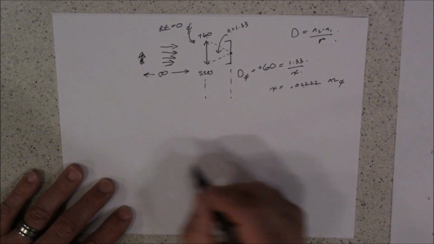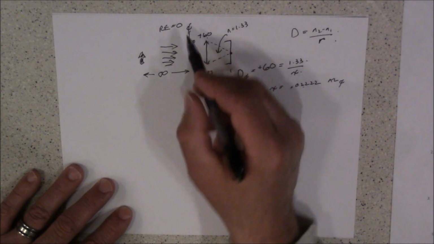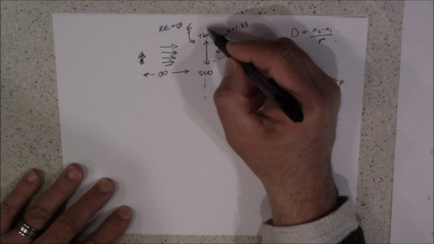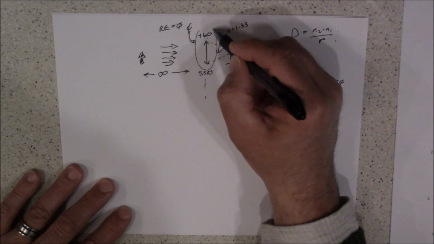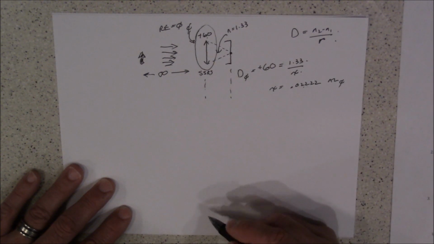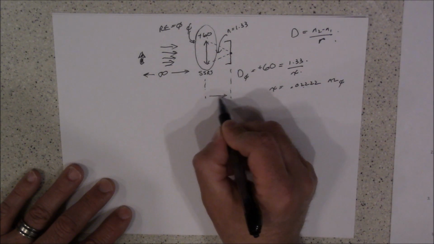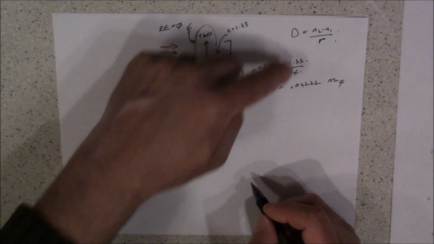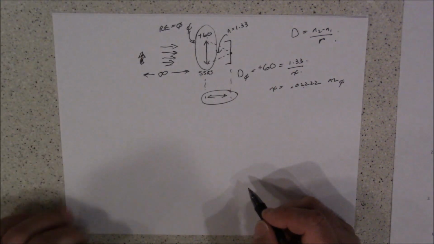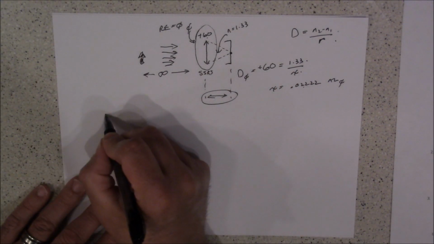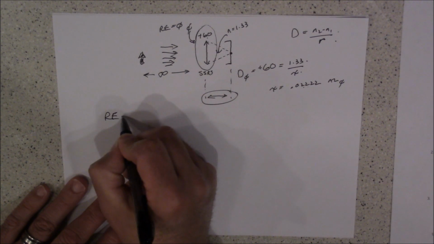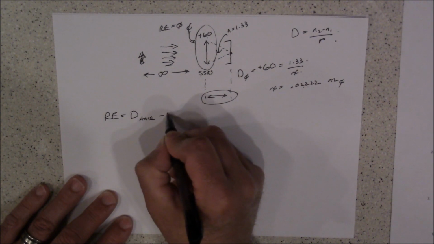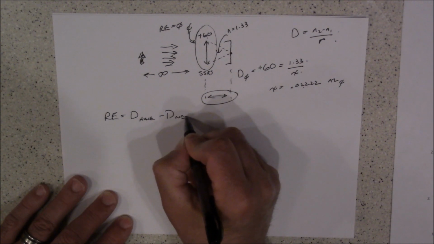Therefore, I can now say that a refractive error, something that's not going to be 0, is going to be the difference between this corneal power and this axial length. If they are not equal to each other, I will have some sort of refractive error. So the refractive error is the difference between the power that we have and the power that we need.